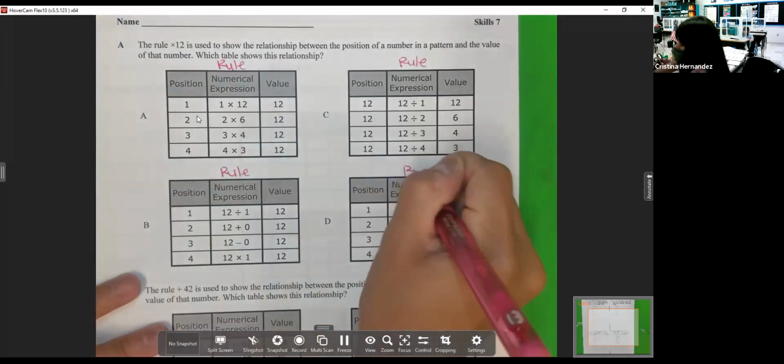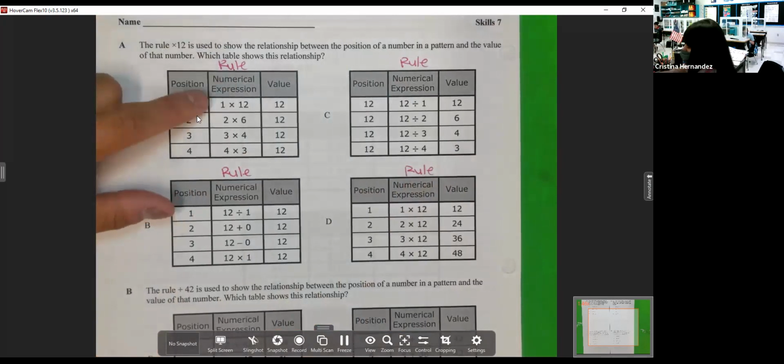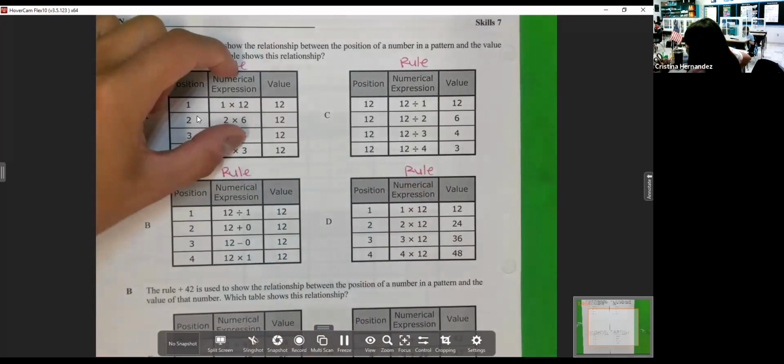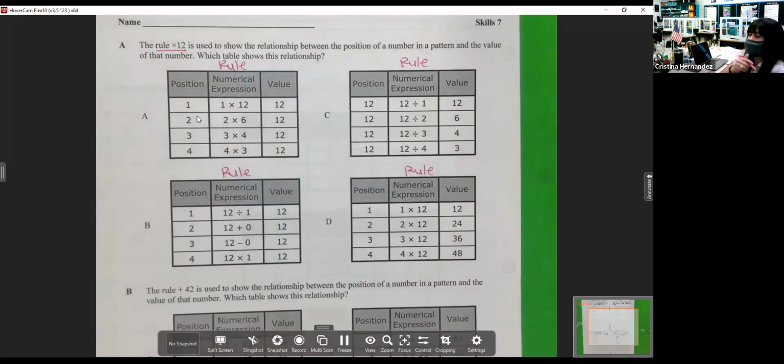I would write rule over this. Write in rule above numerical expression, because when it gives you the rule like this, it's going to go in the middle. So now we're looking at the middle. Rule. You just write right here. I guess you could write rule times 12 if you want to.